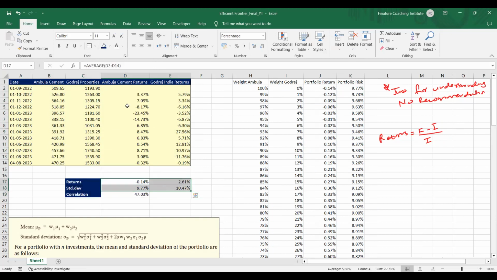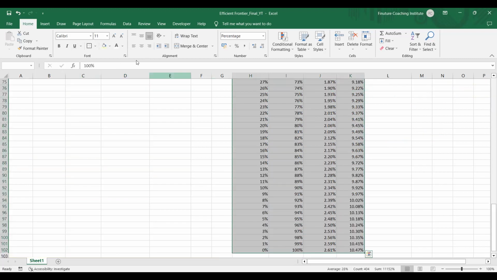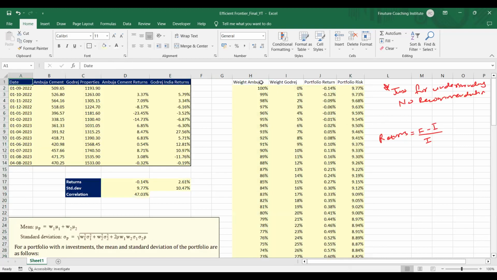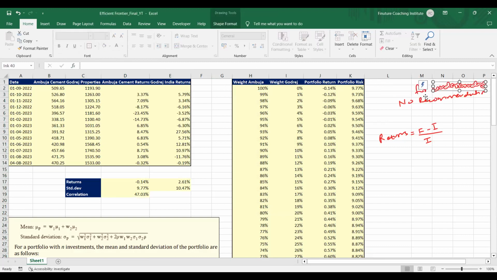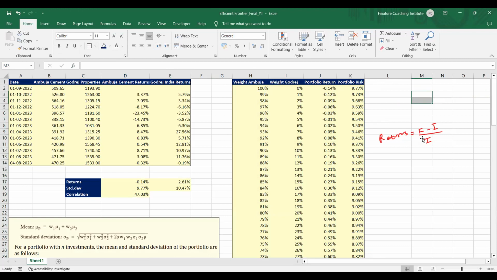Key parameters. Similarly, we'll do here. Let me first do this data. Okay. Let me just delete these also, but make a note of it. That's not any recommendation of stock, just for understanding purpose.